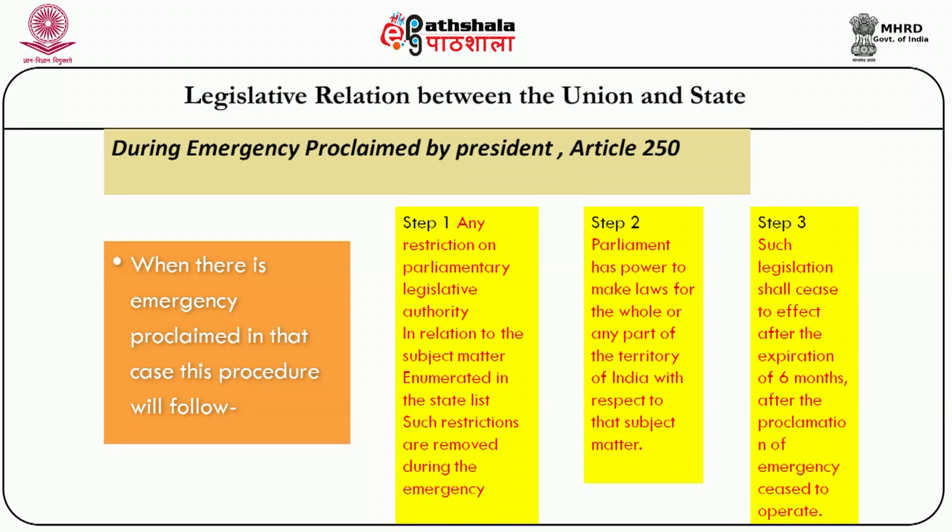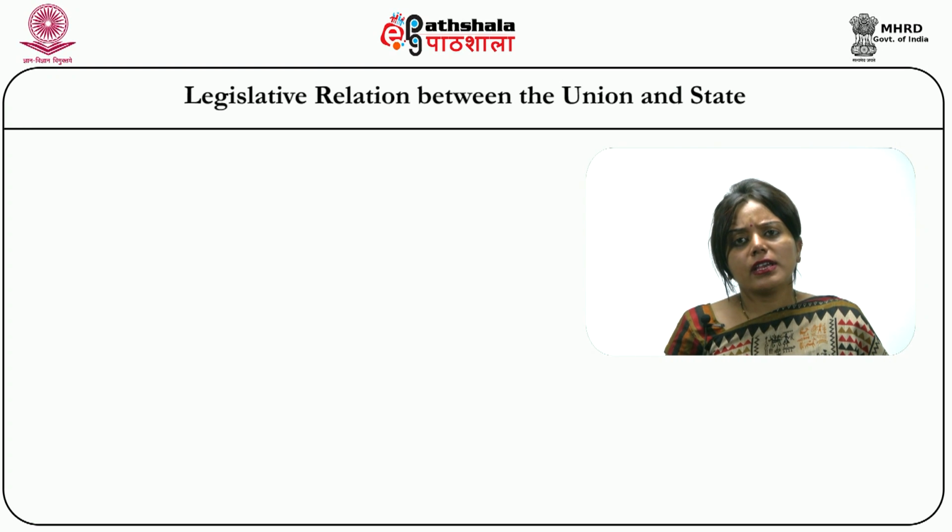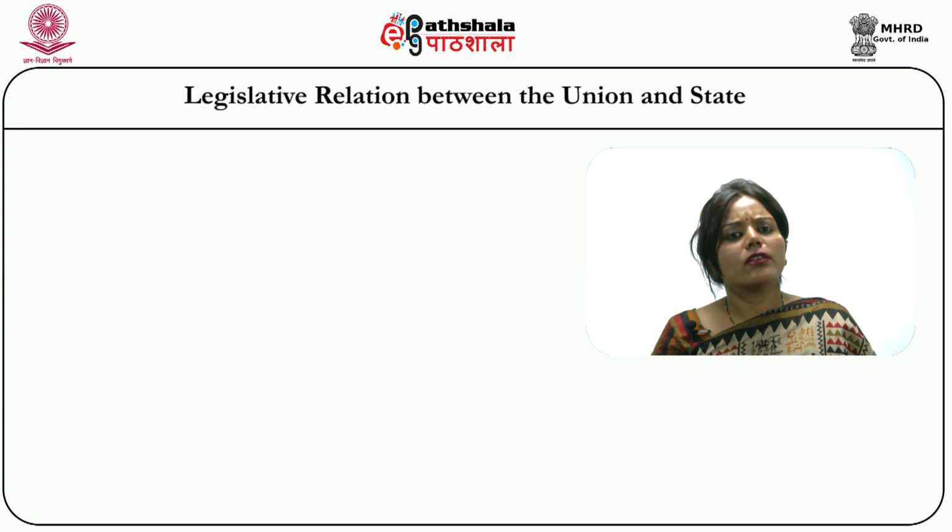In the second step, Parliament has power to make laws for the whole or any part of the territory of India with respect to that subject matter. In step 3, such legislation shall cease to have effect after the expiration of 6 months after the proclamation of emergency has ceased to operate.